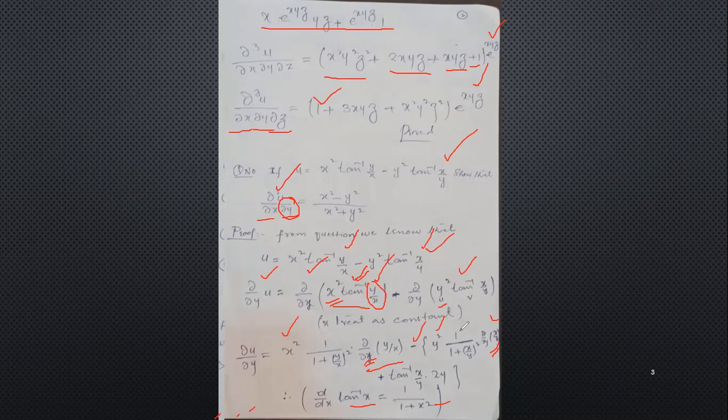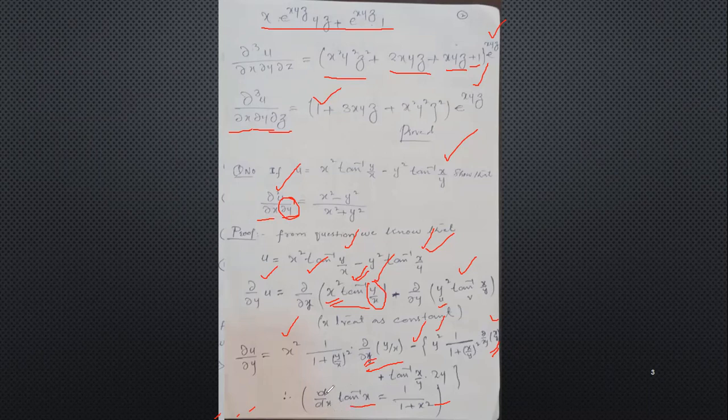So derivation of tan inverse is 1 upon 1 plus x upon y whole square into now derivation of its angle x upon y plus derivation. Now here just we take derivation of v. Now according to formula plus v same means tan inverse x upon y same into 2y, means derivation of y square with respect to y we get 2y.